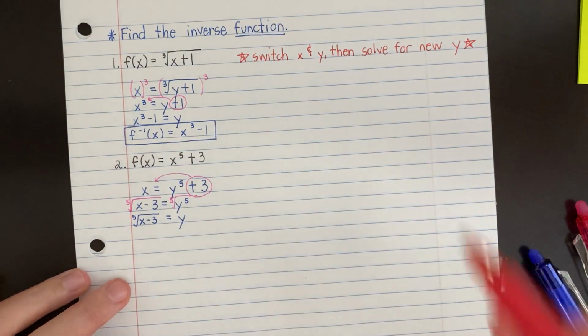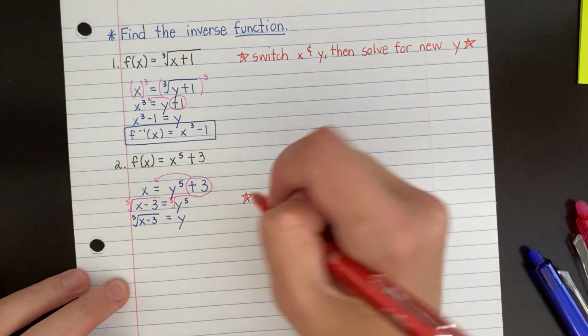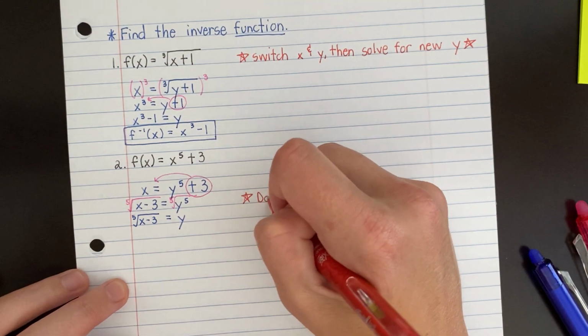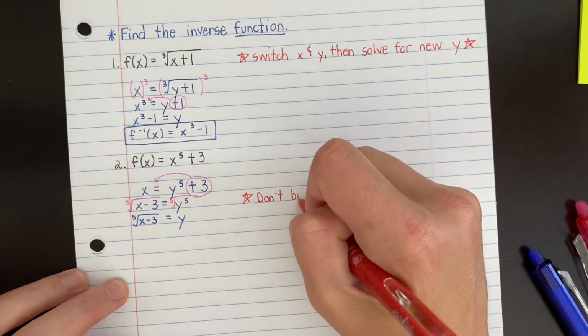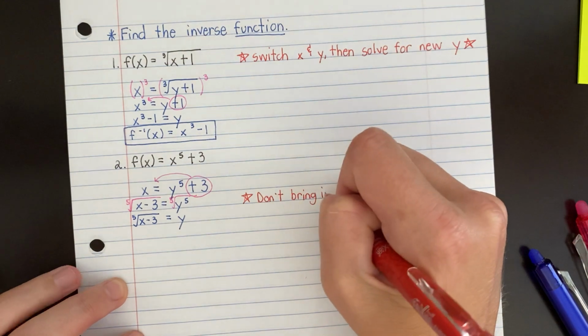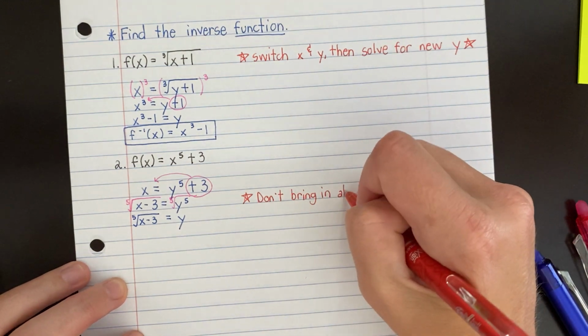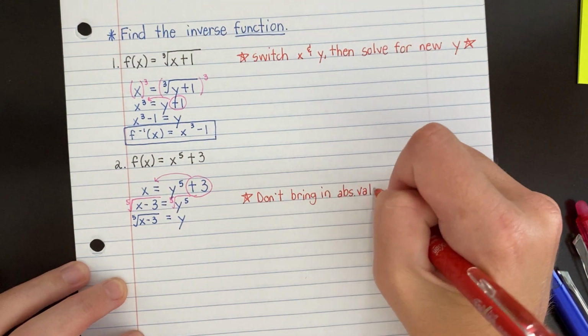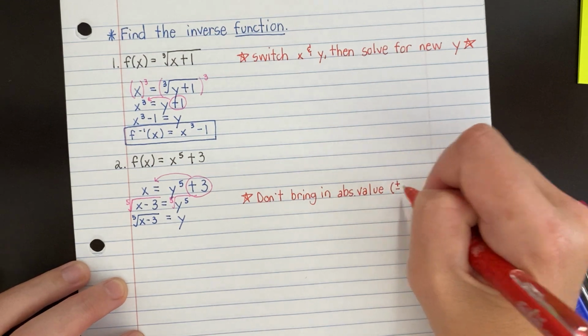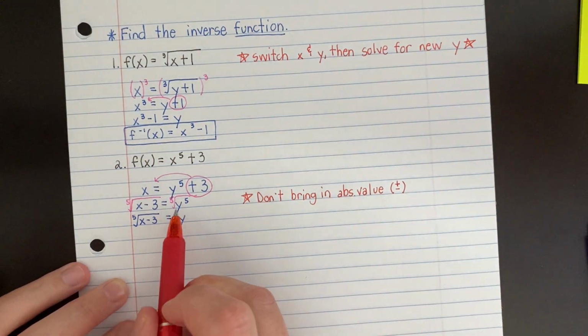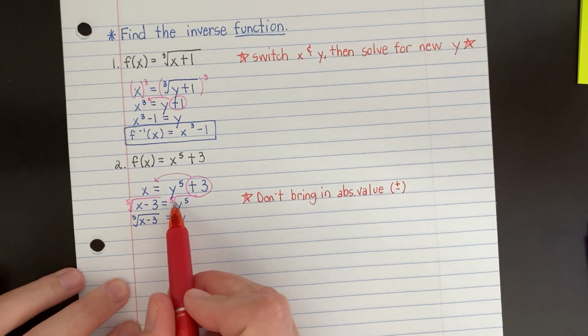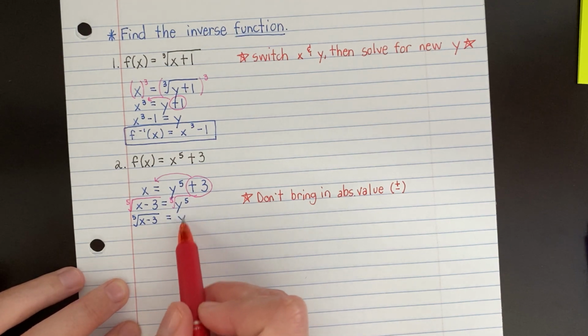Here's a big note. You don't bring in absolute value, in other words, the plus or minus, right? So I didn't say that the 5th root of y to the 5th is the absolute value of y.